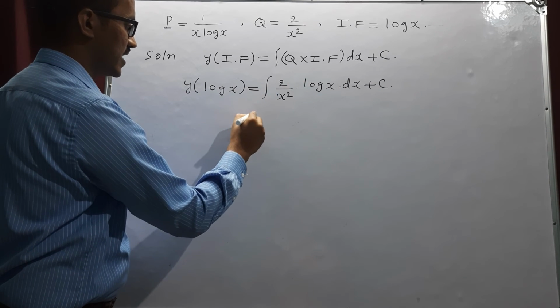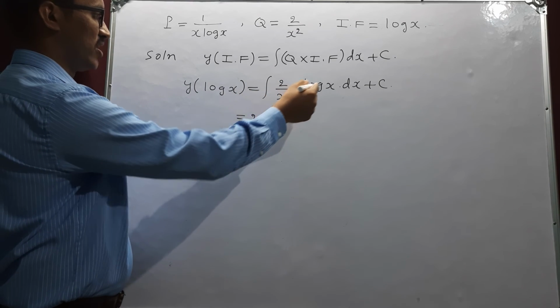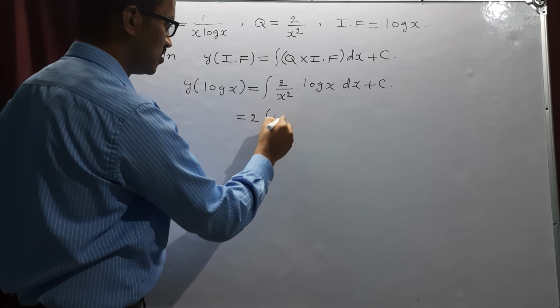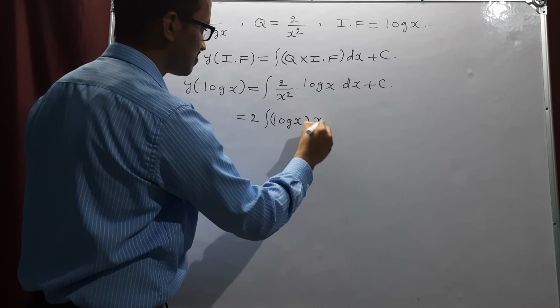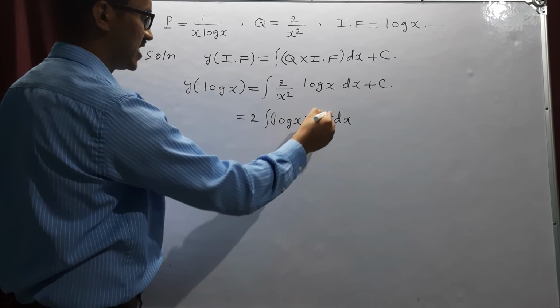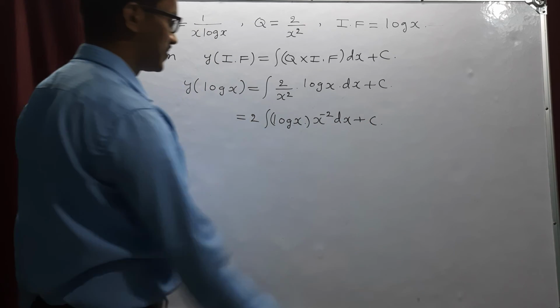So I can take 2 outside, that is integration of 1 by x square into log x, or I can write it as log x into x power minus 2, since 1 by x square means x power minus 2, into dx plus c.